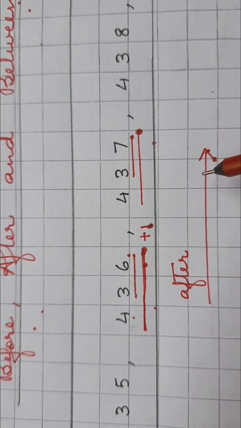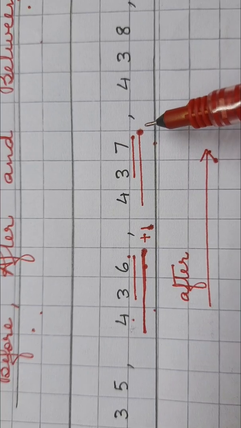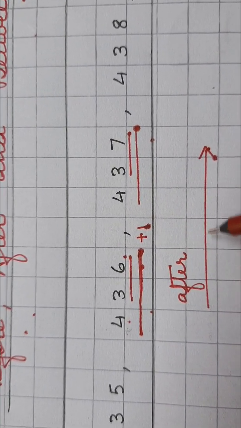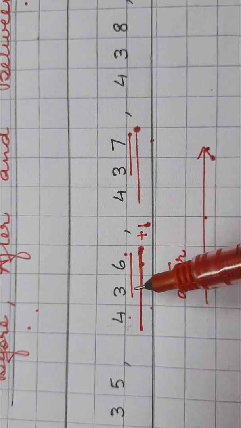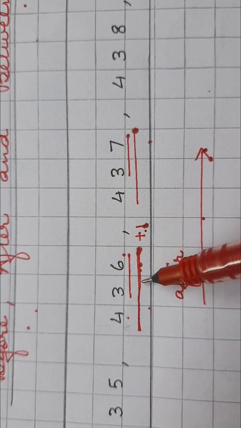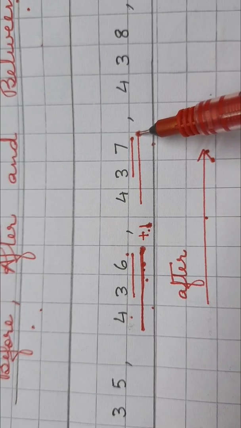Again I am repeating, to get the number which comes after the given number, we count forward, and we can also add +1 to the given number to get the number which comes after.